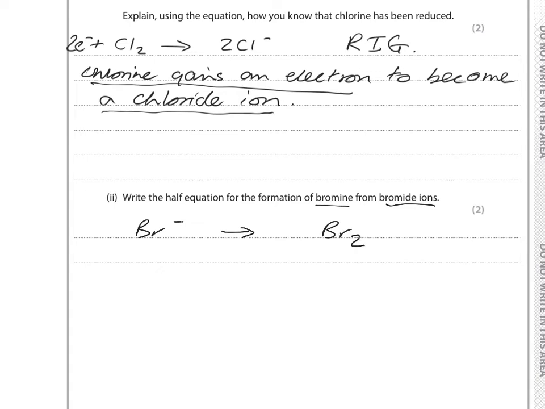Now I've got to get rid of that negative charge, and I'm going to do that by adding an electron on this side. And the key thing is I've got 2 bromine atoms here, so I need 2 lots of Br minus, and that's going to give me 2 electrons. So it's 2Br minus goes to give Br2 plus 2 electrons.